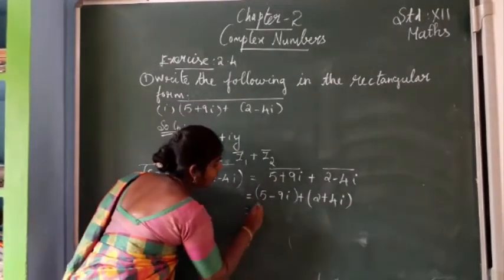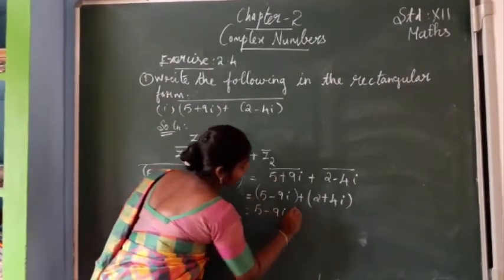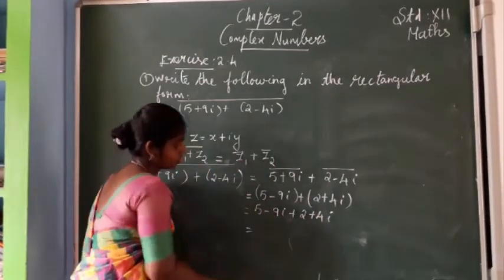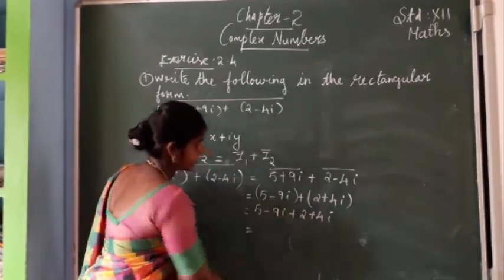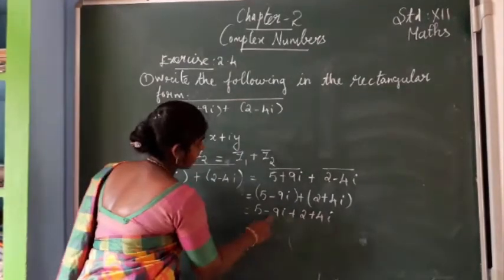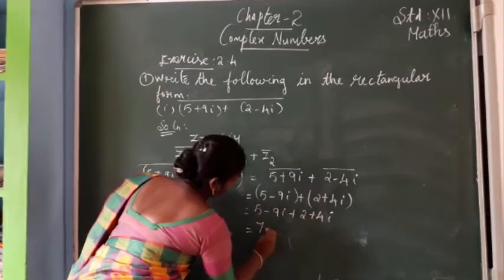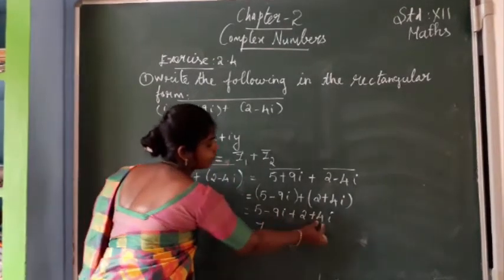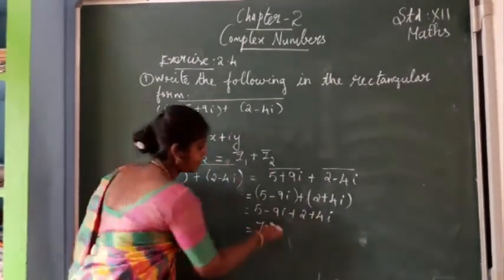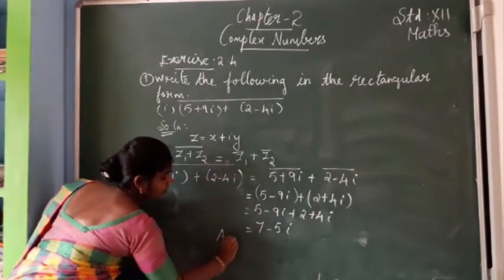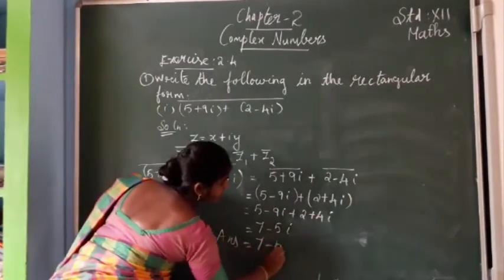Add the like terms: 5 plus 2 is 7, and minus 9i plus 4i is minus 5i. So the answer is 7 minus 5i.